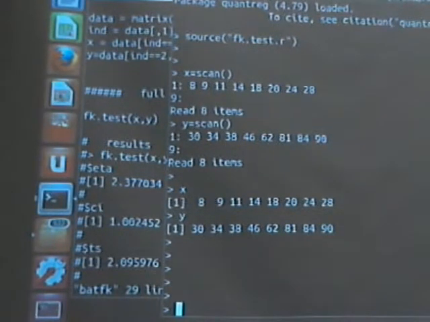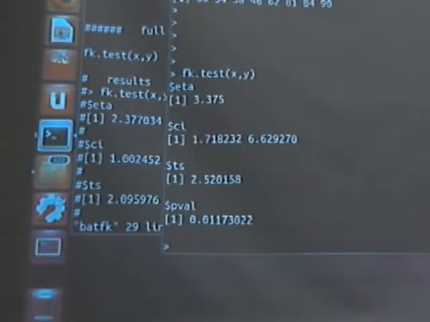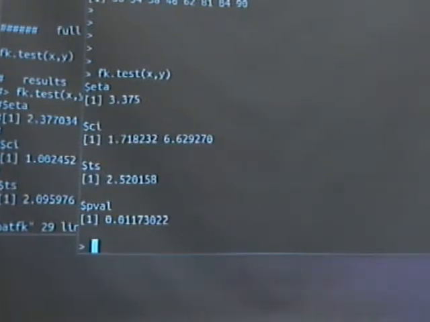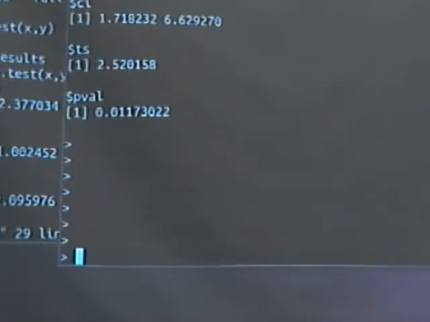And then the test statistic is 2.52, and that's a two-sided test.